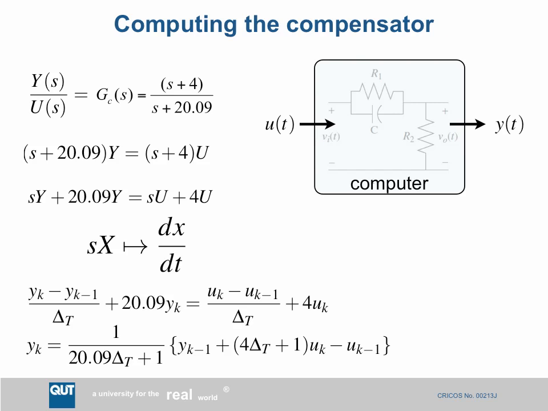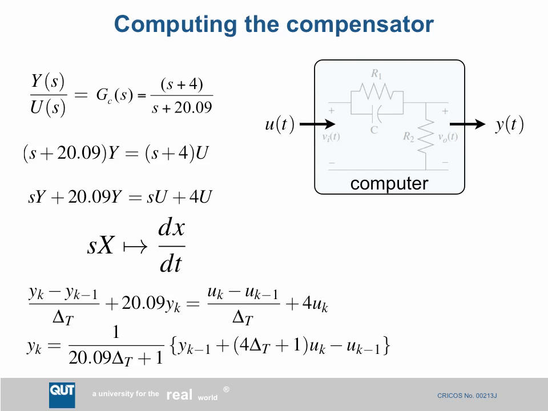In the previous lecture we talked about how we can convert a function which is described in the S-plane, in terms of the variable s, into a difference equation which we can implement in a computer. So here's an example of a simple compensator, (s+4)/(s+20), and we can implement that as a difference equation.